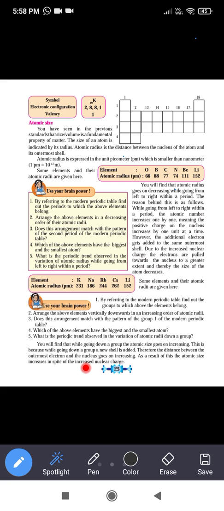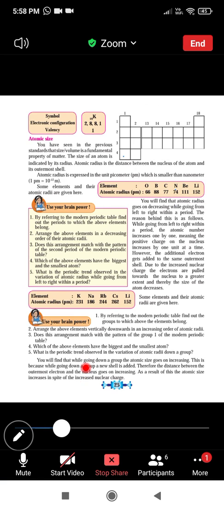That's why the outermost electrons are loosely bound by the positive charge, and hence the electron-giving capacity of those elements increases. Hence the atomic size also increases as we move from top to bottom in a group.